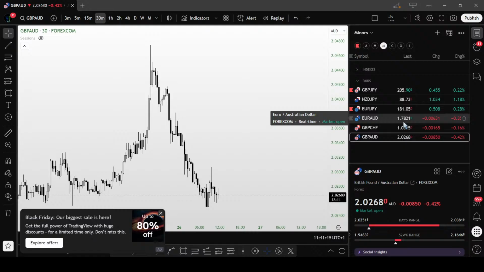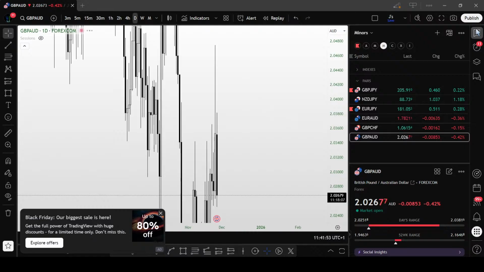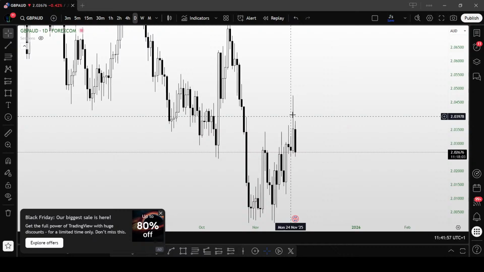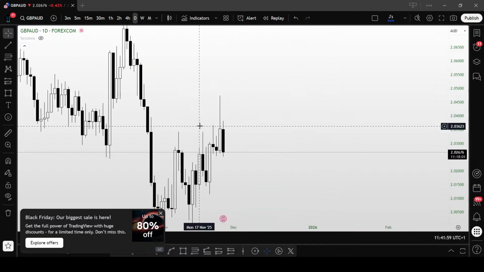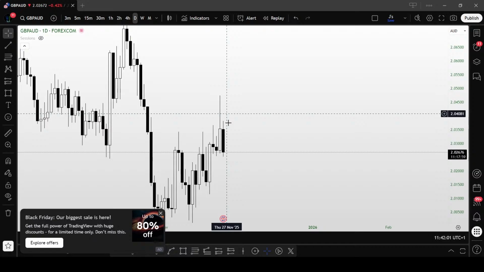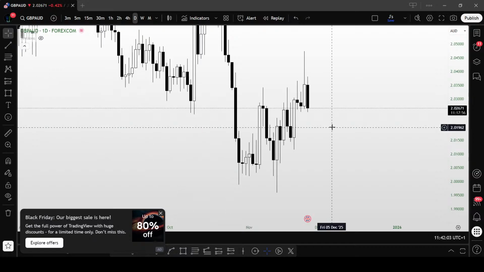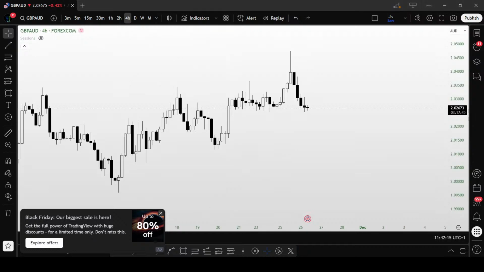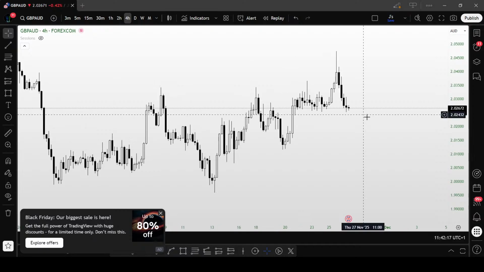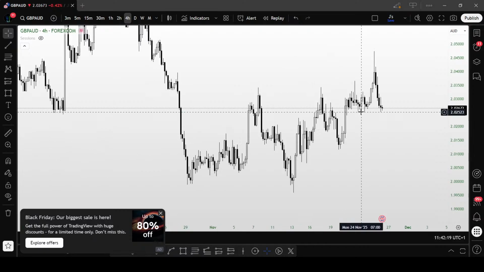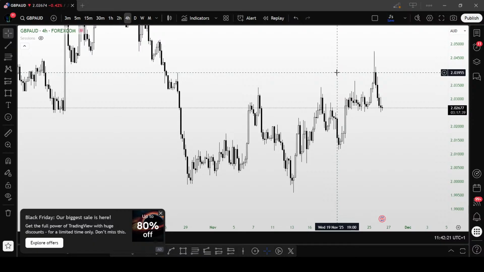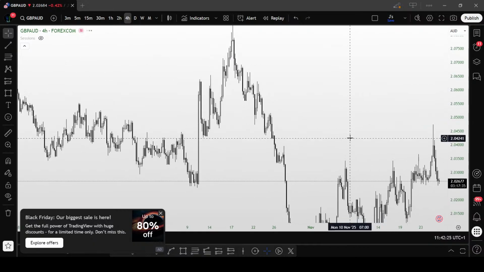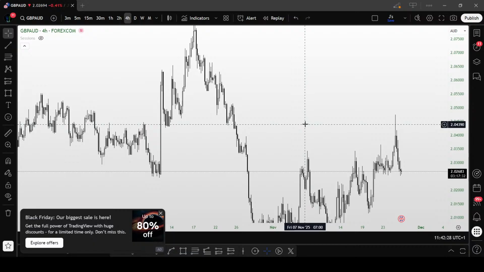Oh, sweep, downtrend. What is going on here? I'm not even going to pretend to understand what is going on over here because I don't feel like I do.